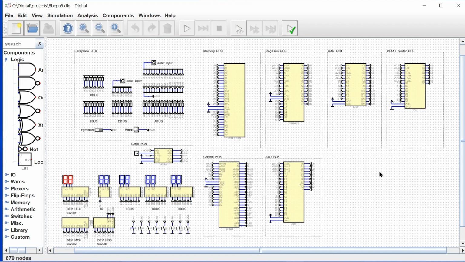So the first thing to note is just that it's a lot of cards. I guess we're essentially building a mini computer here, a computer built of all discrete logic elements. So I guess it's understandable that our chip count is non-trivial.